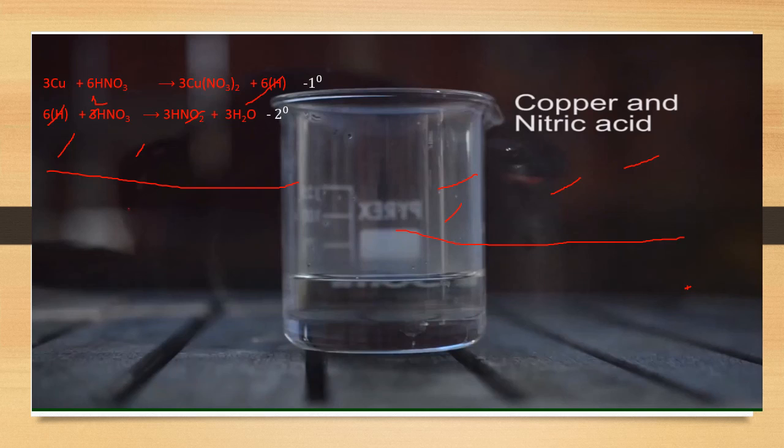In the secondary reaction, this nascent hydrogen further reacts with nitric acid and is converted into nitrous acid, plus the byproduct water. The tertiary reaction: the nitrous acid formed undergoes decomposition to give nitric acid plus nitrogen monoxide and water.